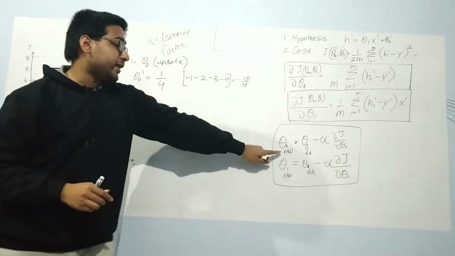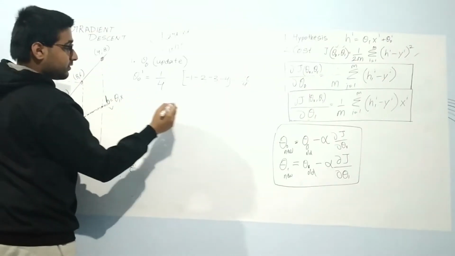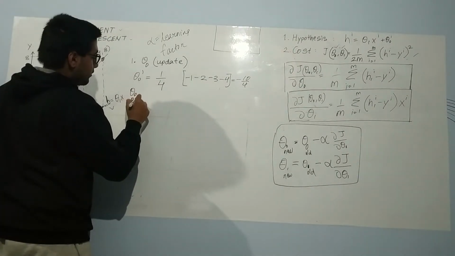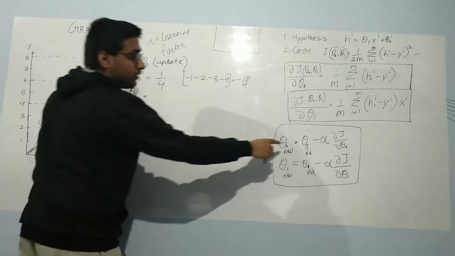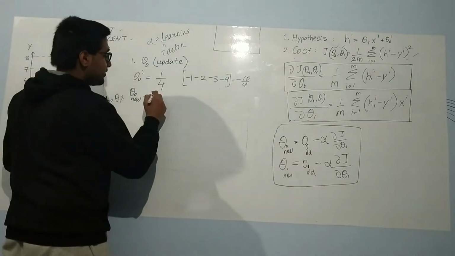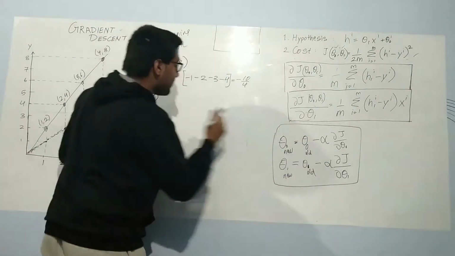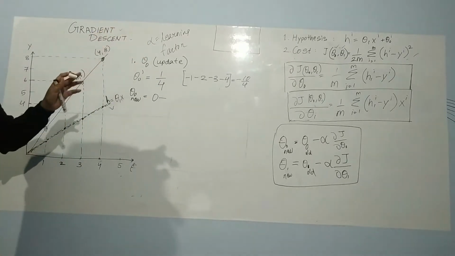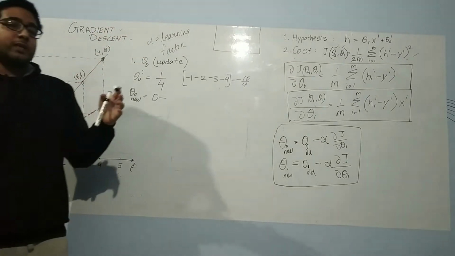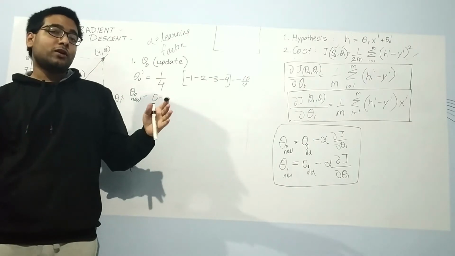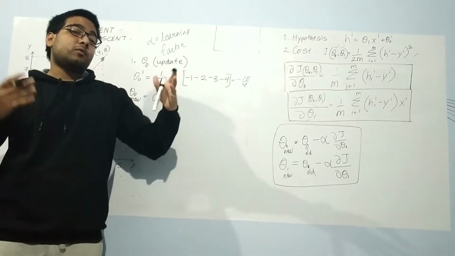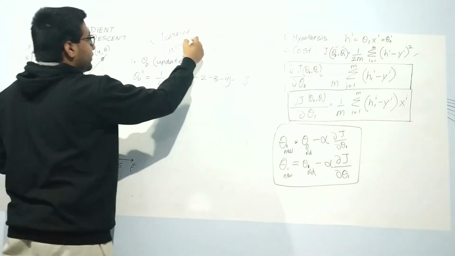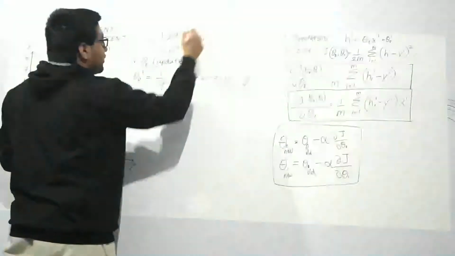And for the update, theta 0 old was 0, minus alpha. For the learning factor alpha, we normally take a range of values between 0.01 to 0.1. Now it depends on the type of problem that you have. For this problem, we will take the learning factor value of 0.1.